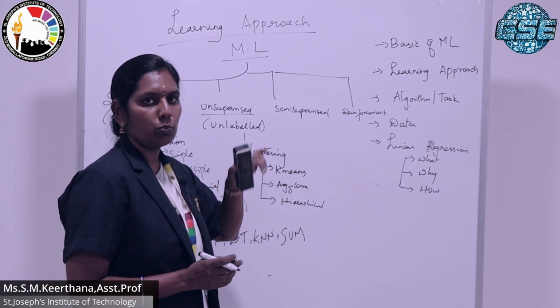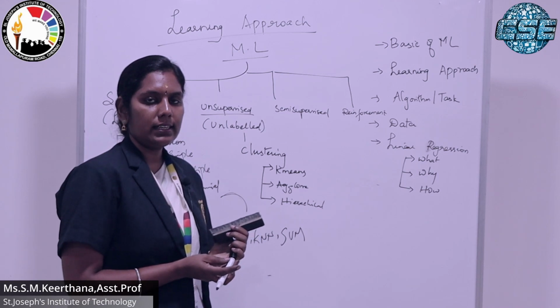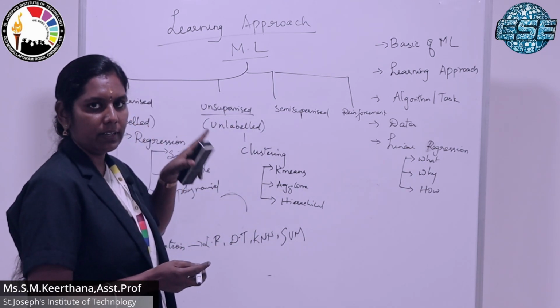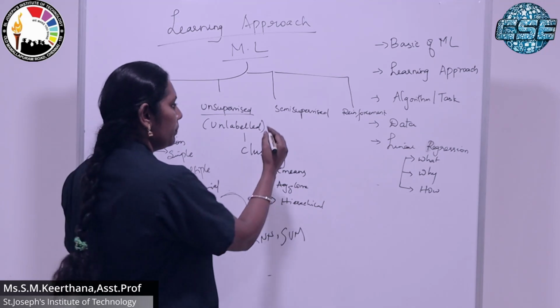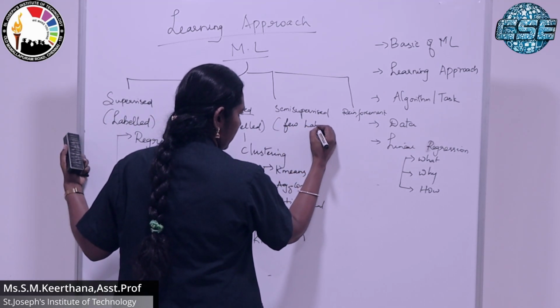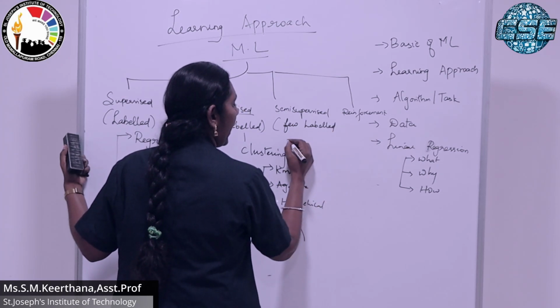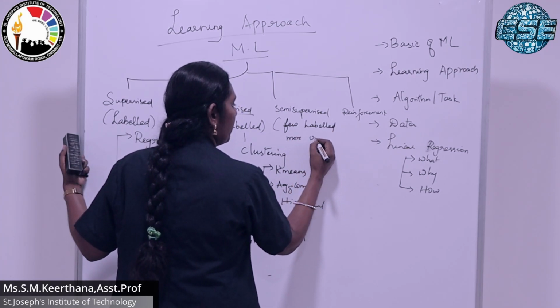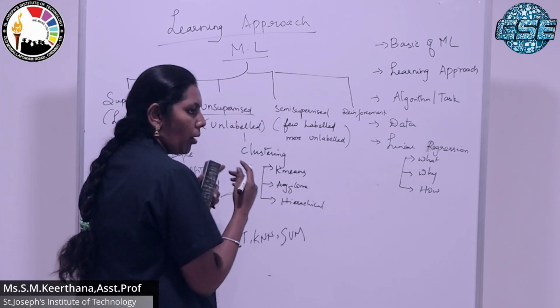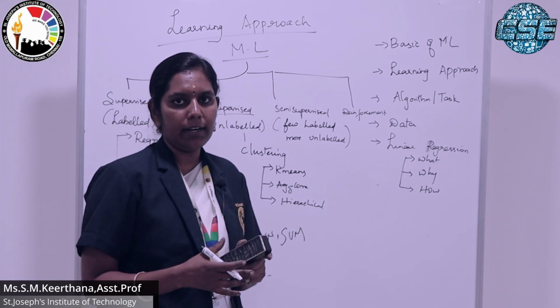Next, coming to semi-supervised learning. Semi-supervised learning is a combination of supervised and unsupervised learning. The input data will contain very few labeled data and more unlabeled data. So the input given to semi-supervised learning will be a combination of both labeled and unlabeled data.